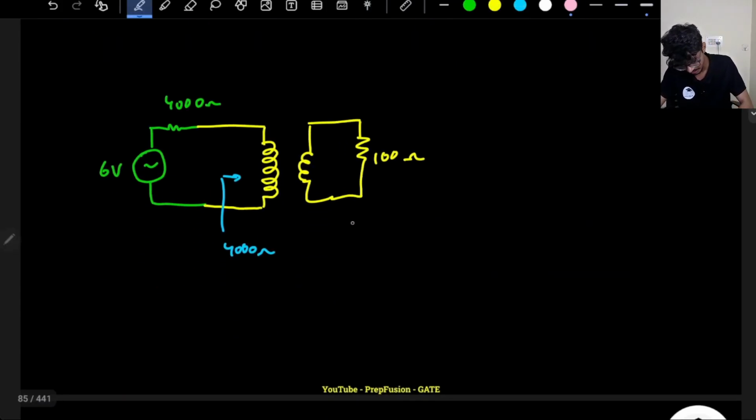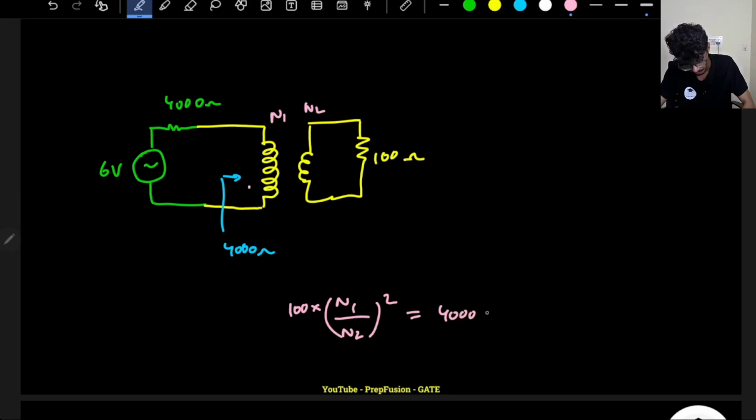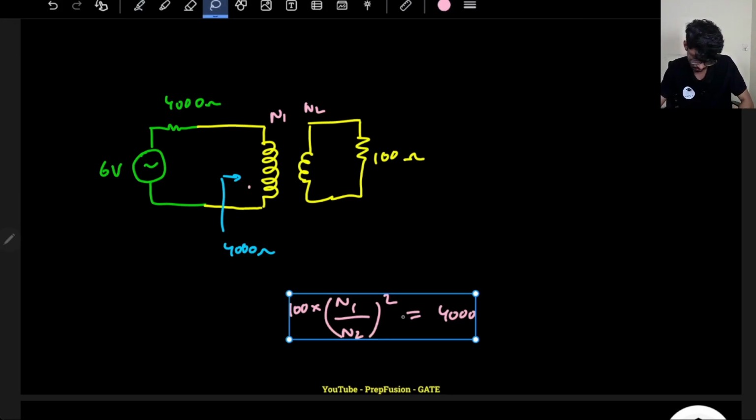So what will be the turns ratio? If I refer this to the left hand side, it will be 100 into n1 by n2, let's assume this as n1 and n2. So this will be n1 divided by n2 whole square into 100. This should be equal to 4000 because I want to do the impedance matching.